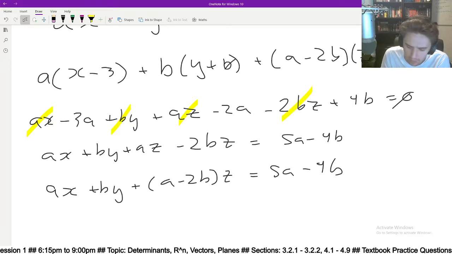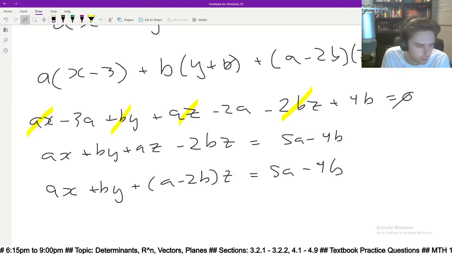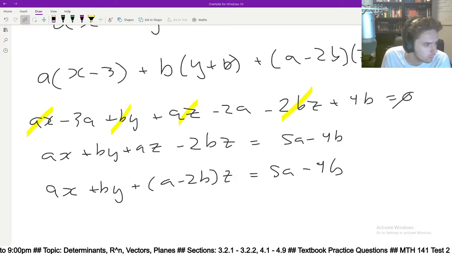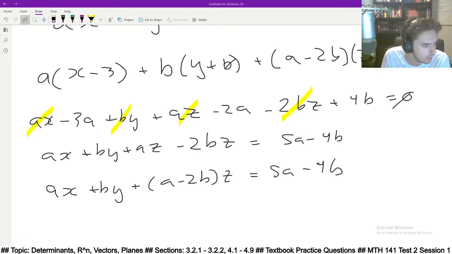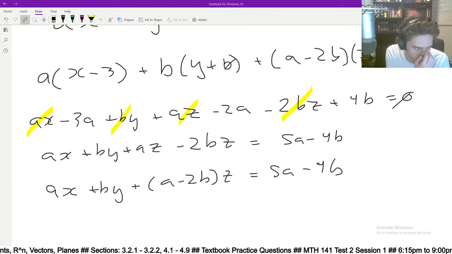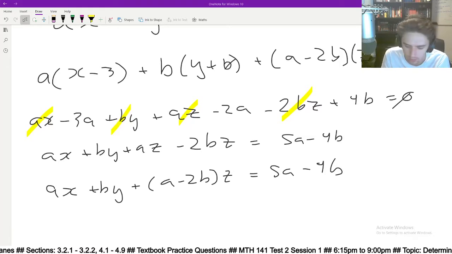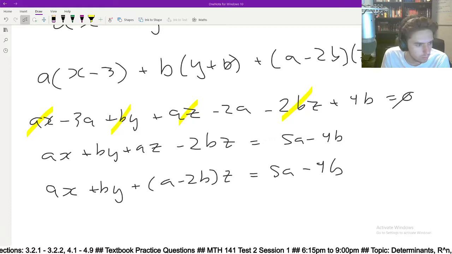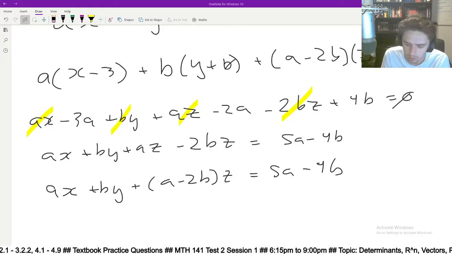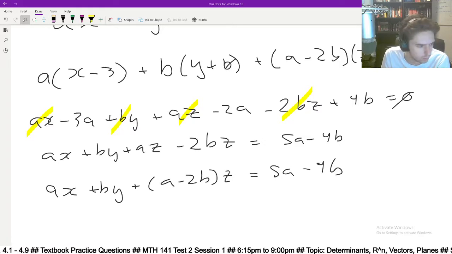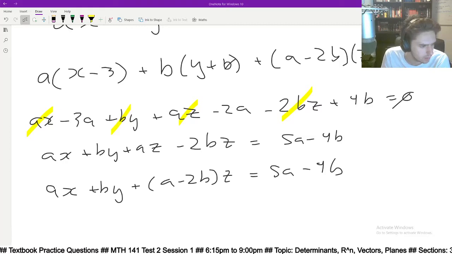Let me just quickly look ahead. 4.3.3: find two unit vectors orthogonal to both u and v. Well, that's not that hard. Then find the area of the triangle with the following vertices. It seems like it's just more cross product questions.